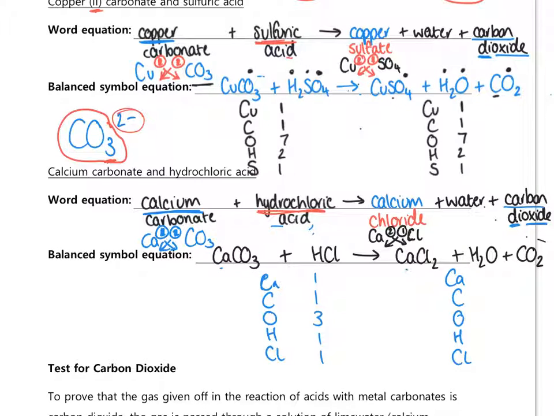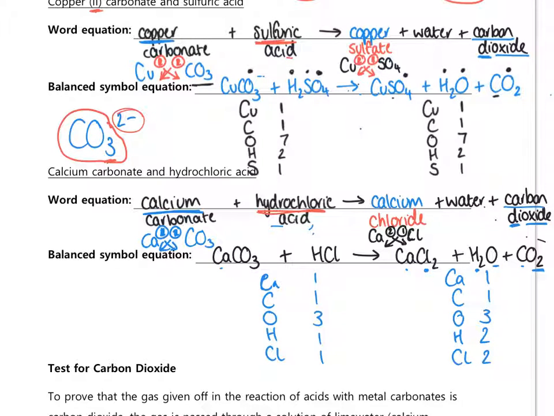On the right hand side I have 1 calcium, I have 1 carbon, I have 1 plus my 2 oxygens, which is 3, and I have 2 hydrogens, and I have 2 chlorines.